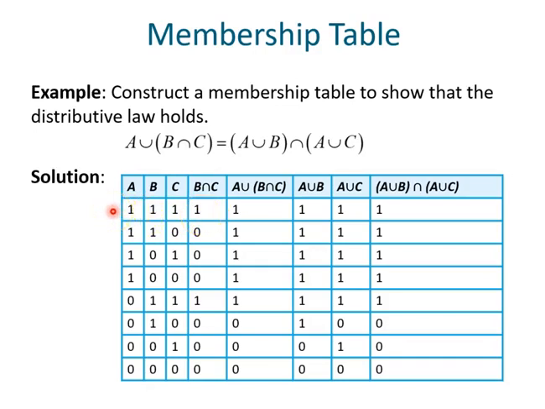So in this row, the element in consideration belongs to both sets here, so it belongs to the union. In the second row, the element belongs to A, doesn't belong to B intersection C, so it belongs to the union.